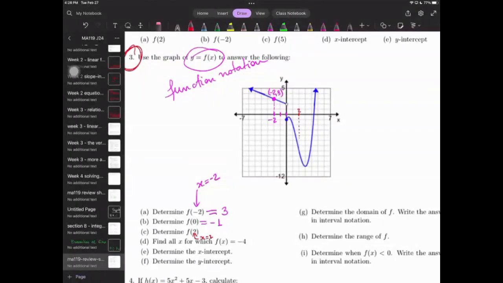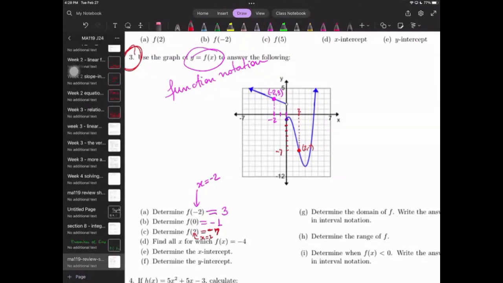The point for that looks like this point right here. Let me count on the vertical axis: 1, 2, 3, 4, 5, 6, 7. So negative 7. That is the point 2 comma negative 7, meaning the y value for when x is 2 is negative 7.